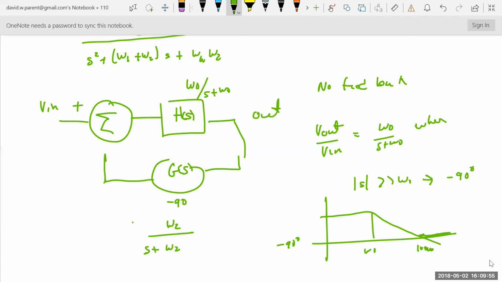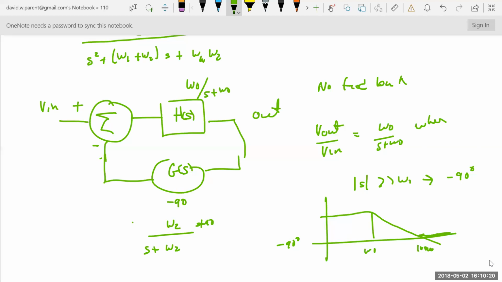Well, there's another minus 90 degrees of phase. So that if I were to connect this, if the frequency were right, I could get minus 90 and another minus 90, and now I'm actually getting positive feedback. Now, of course, that will only happen if the magnitudes are greater than 1.